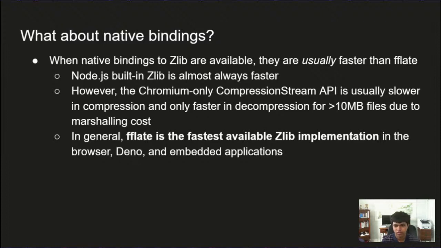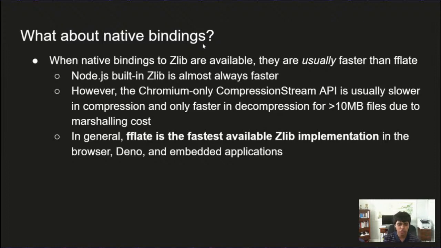So in this case, Zlib is almost always faster because the JIT compilation doesn't help much for JavaScript. Just having something that's already fast and is already in the native format for the CPU is much faster than this JavaScript implementation. And that's why usually it's faster.